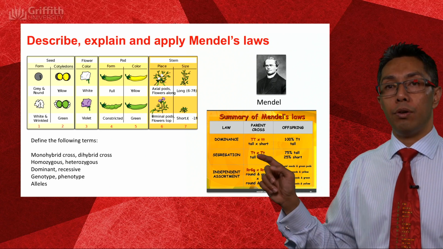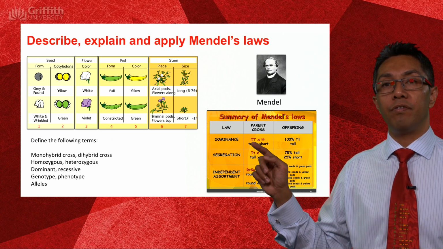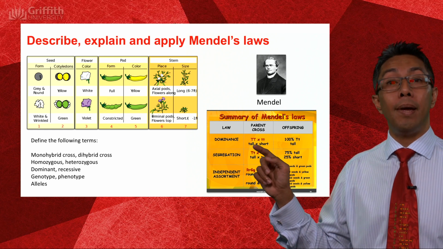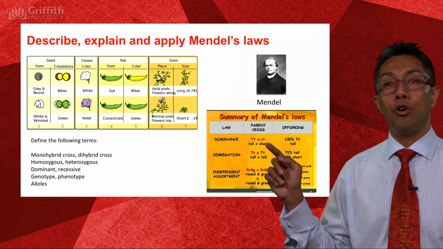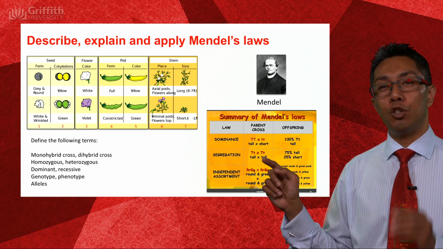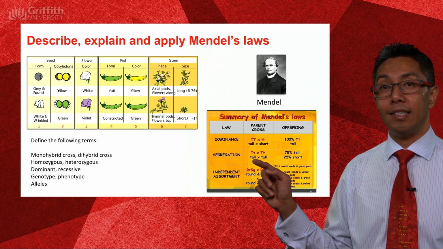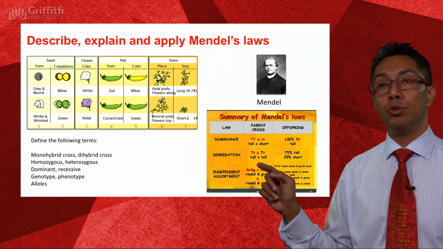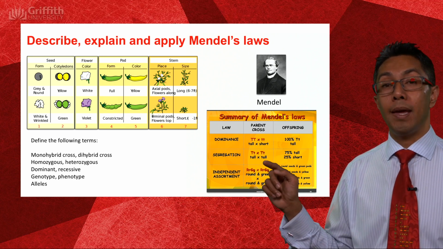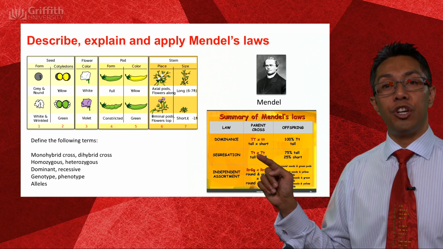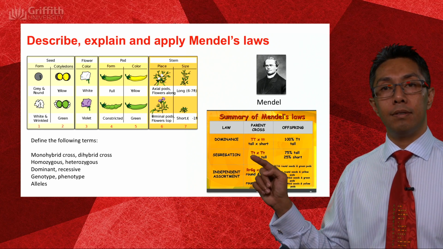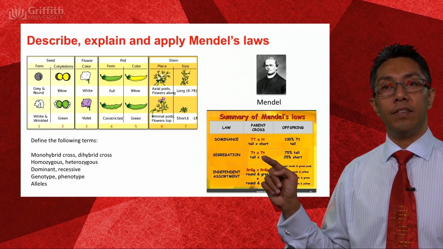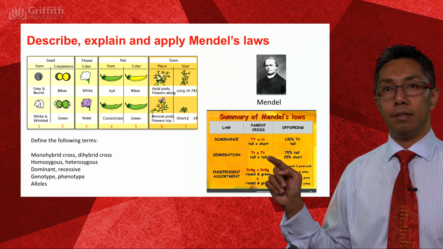So from this parent, you can either get a big T or a big T. From this parent, you could get a little t or a little t. The situation is different in this case. So what we've got are two tall individuals, so their phenotype is tall, but when you look at their genotype, the genes that they're made up of, they've got a dominant and a recessive. This individual has a dominant and recessive.